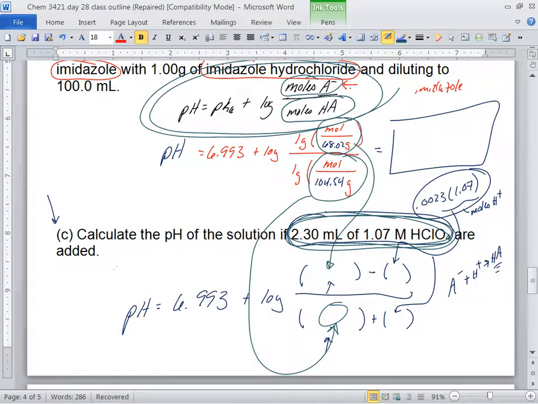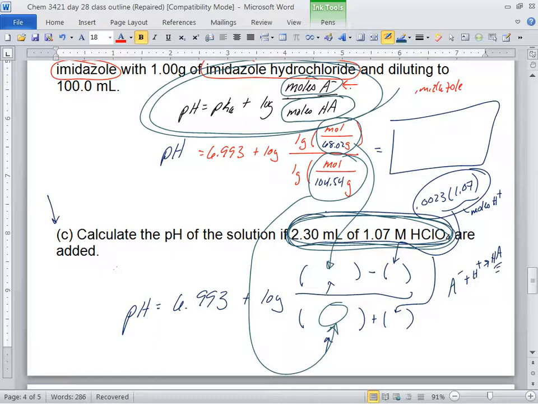You have your initial, which we calculated from part B, but then we're going to have a little extra because this A minus is getting converted into HA. So that's why we add on the moles of strong acid, because that's the amount that's going to be added. The moles of HA is actually going to increase a little bit.